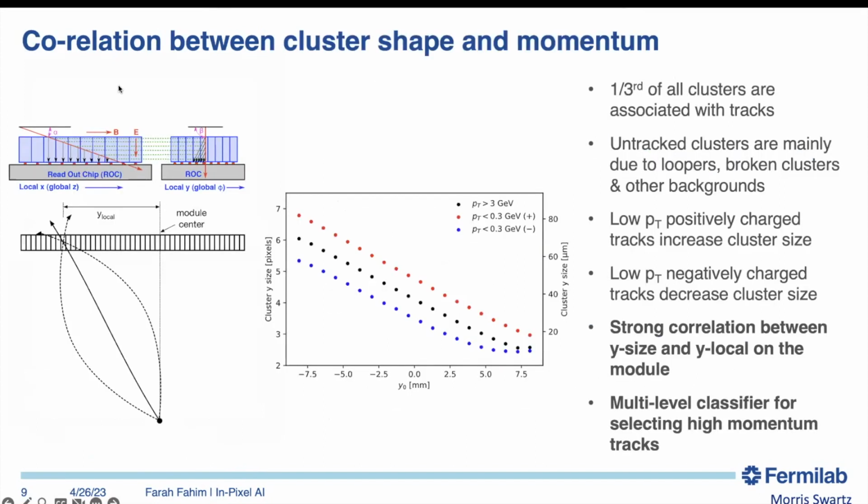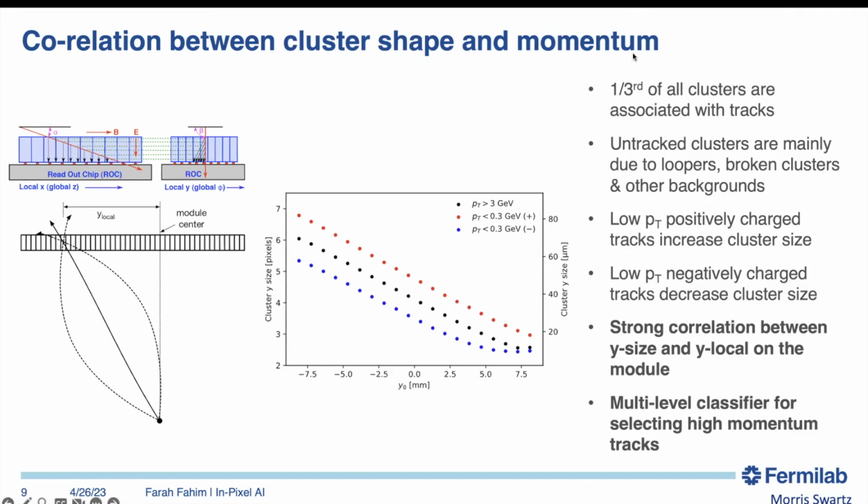Okay. There is definitely a correlation between cluster shape and momentum. So the first thing that we saw is that if you just look at the data set, a third of the clusters are associated with tracks. And what we are trying to do is basically reject 2/3 of the clusters that are not associated with tracks.